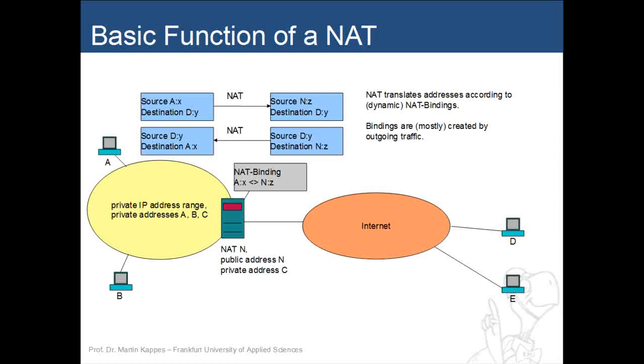One way of how this could be done is to use an application level gateway, which basically has a private and a public IP address. We are going to take a closer look at this once we discuss application level gateways in more detail.